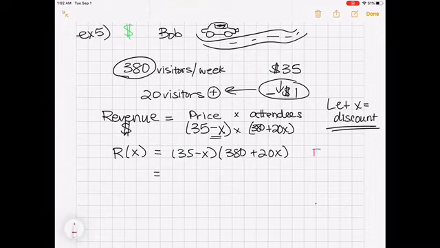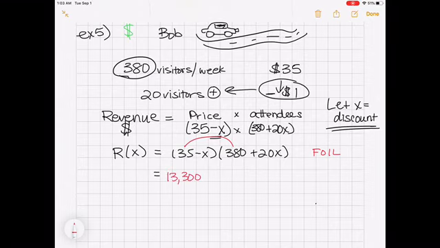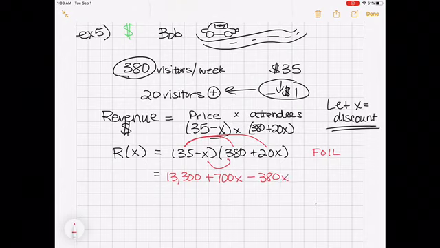We're going to use our faithful friend FOIL to multiply binomials. And here we go. 35 times 380 gives me 13,300. Outer gives me a positive 700x. Inner gives me a minus 380x. And the last term is a negative 20x squared.